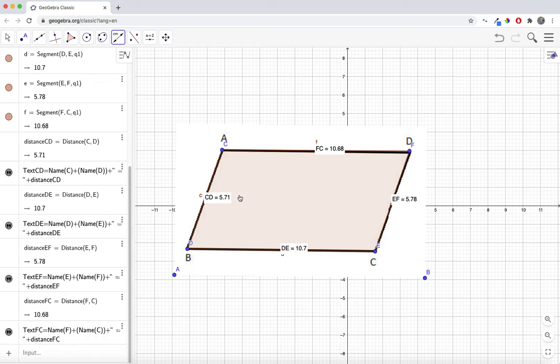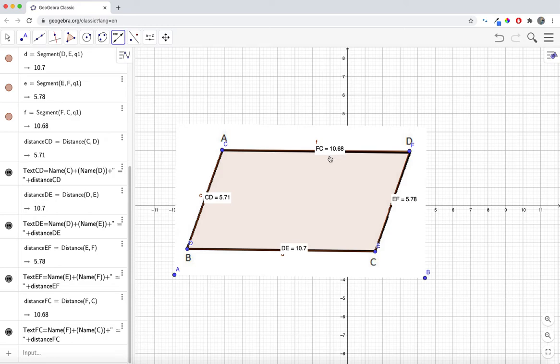Now if I drew my polygon perfectly, these should be exactly the same. Obviously I made this one a little bit longer and this one a little bit shorter, but we can still see that they're roughly the same length. And then if we look at these opposite sides, they're basically 10.7. This one's a little bit smaller than that.